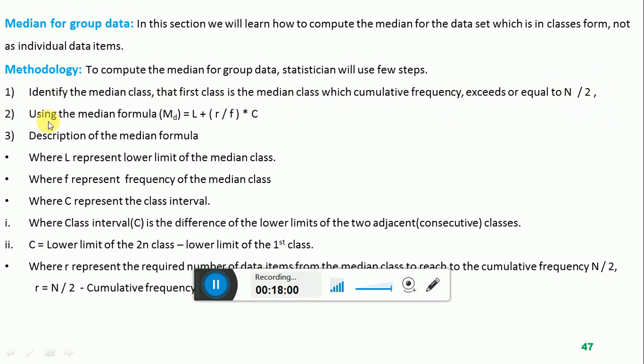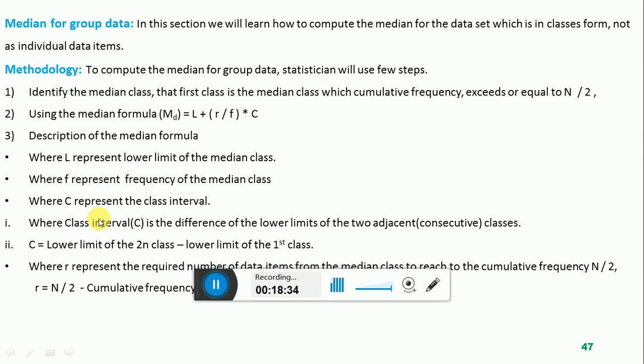Second step, using the median formula, MD is equal to L plus R divided by F whole multiplied by C. Let me, in the third step, describe the median formula. So third step, description of the median formula: where L represents the lower limit of the median class, F represents the frequency of the median class, and C represents the class interval.